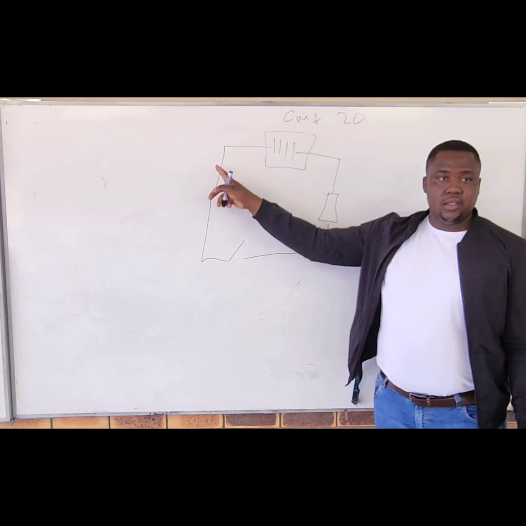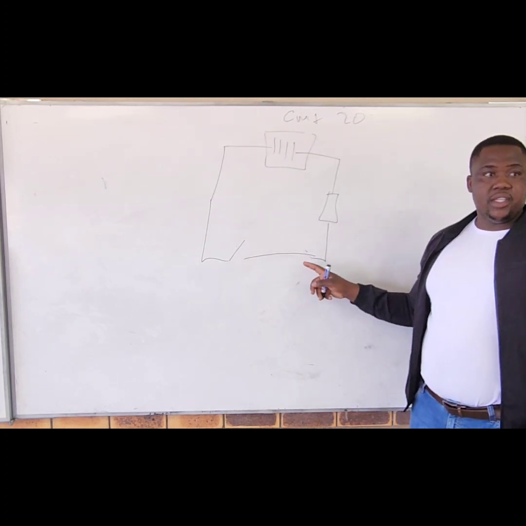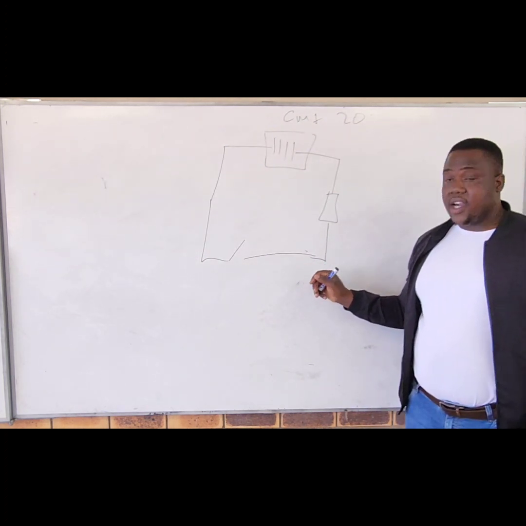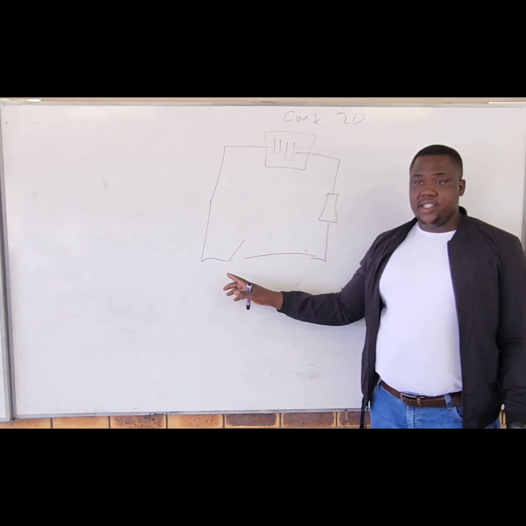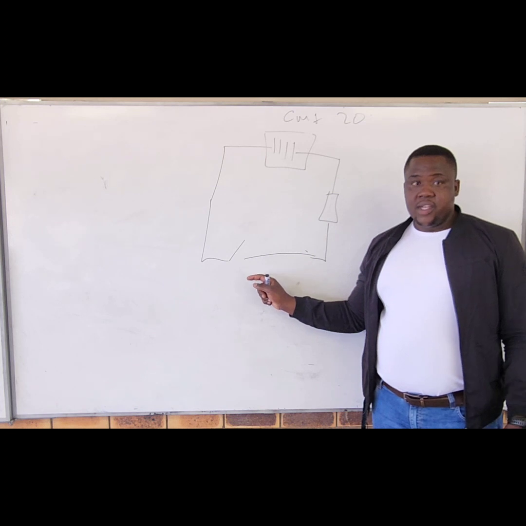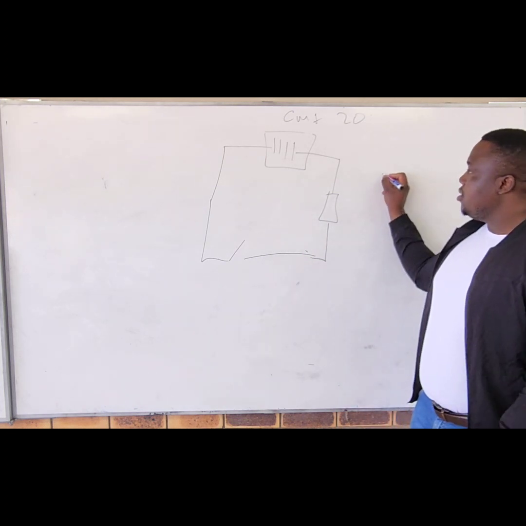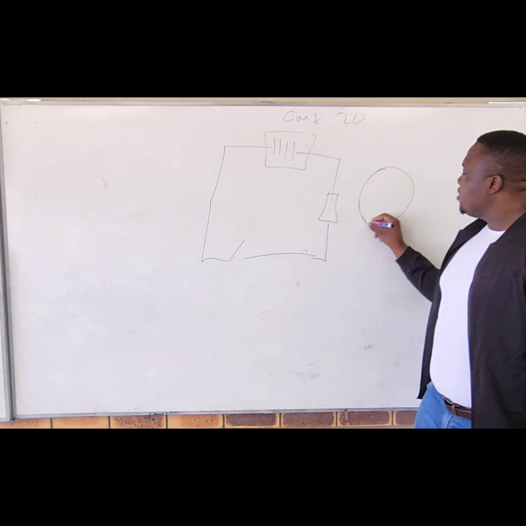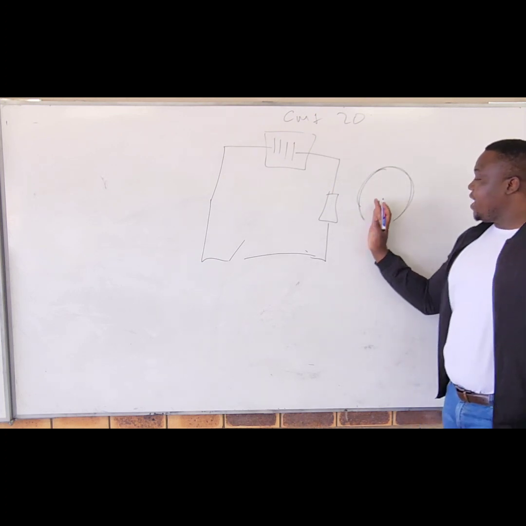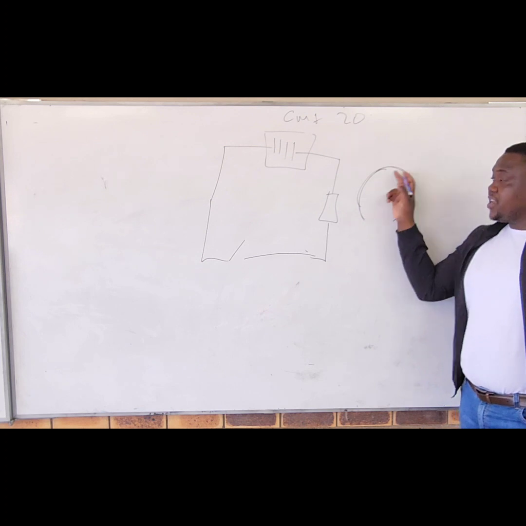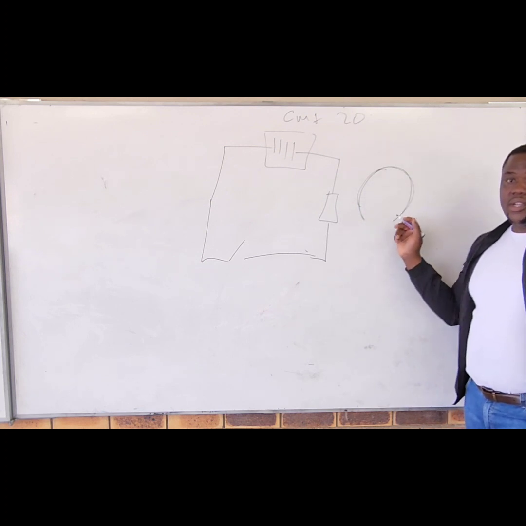It means the current is not circulating, right? How do we see that the current is not circulating? Because the switch is open. This circuit is incomplete. A circuit is complete when current can circulate like this, right?